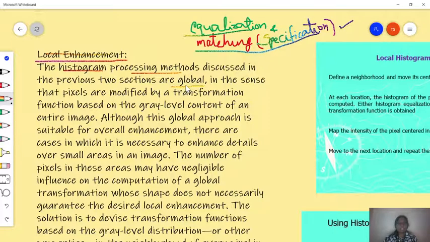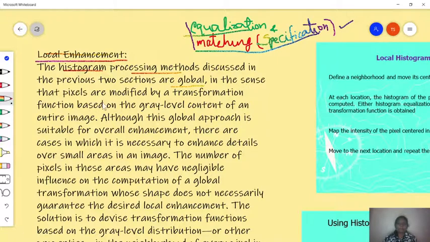Remember, the word global means we are using it generally everywhere to process the image, to apply any filter operation and any process operation upon the image. These basic things we have to do initially. That's why we are calling these global methods for processing the histogram of the image.